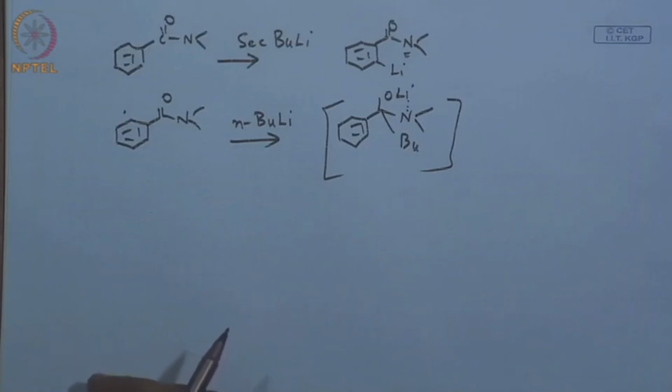Henry Gilman. But what you people do not know is that George Wittig was also an inventor of organolithium compounds. There is actually a rearrangement called the Wittig rearrangement, a 2,3 sigmatropic rearrangement. So George Wittig is not only known for his Wittig reactions, but also for this.